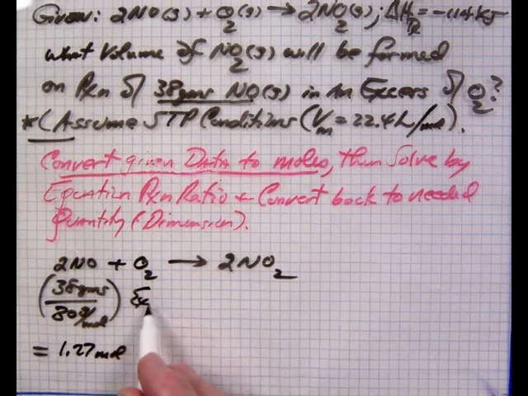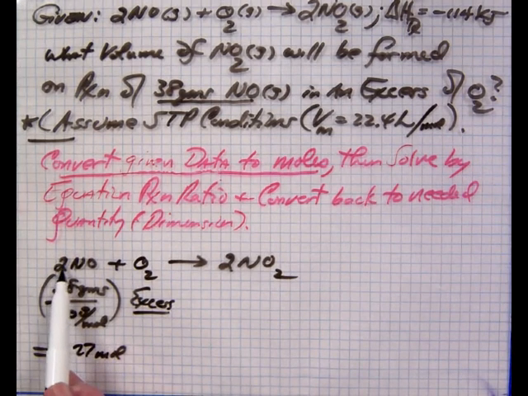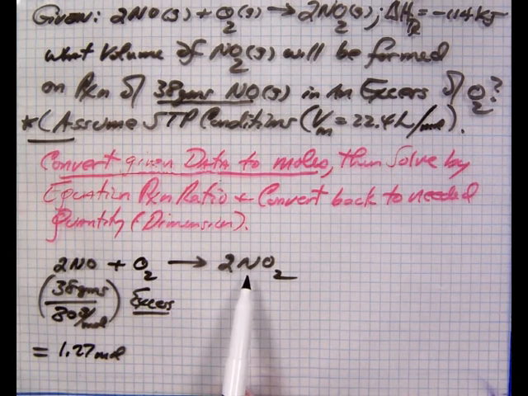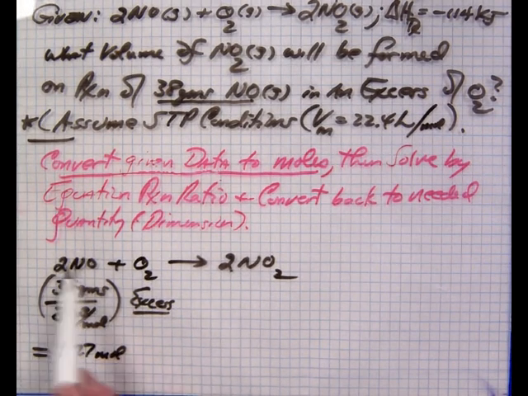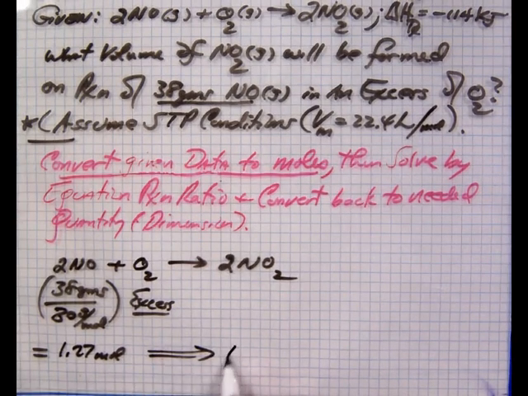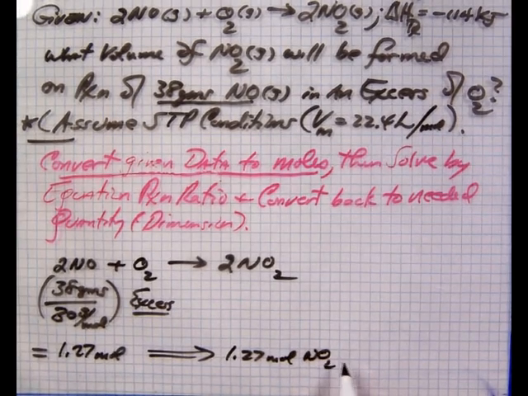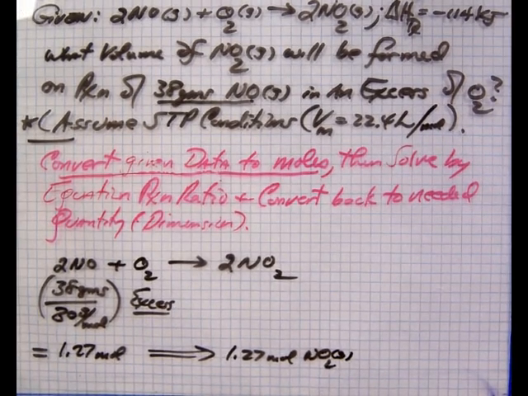And of course we've got an excess of O2. Now the equation says 2 moles of NO will produce 2 moles of NO2. Since the coefficients are equal, this is easy. You don't have to do a lot of ratio stuff. It's also 1.27 mole of NO2 gas yield.